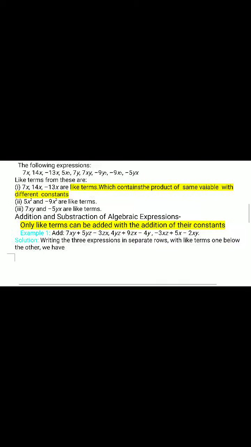You can write these three expressions like this: 7xy plus 5yz minus 3zx, and write like terms below: 4yz plus 9zx minus 4y, and below it the like terms of the third; minus 2xy will be below 7xy, and minus 3zx will be below 9zx, plus 5x.